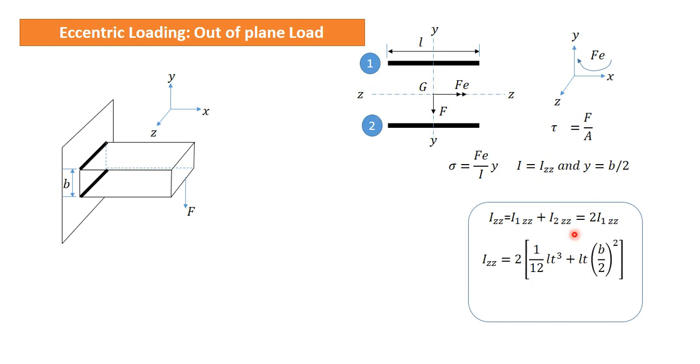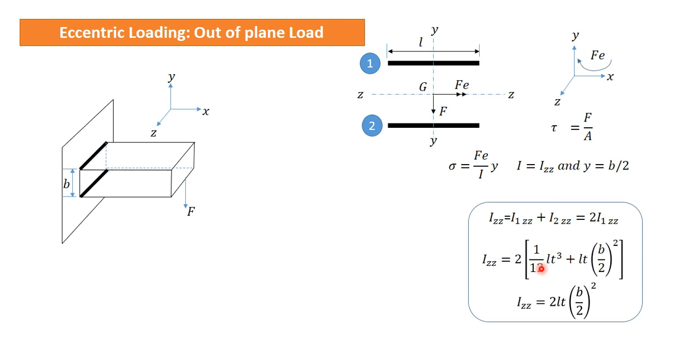So we can find this IZZ, the sum of these two as shown here, and this value as we have done in our previous case, this 1 by 12 LT cube plus this area, and we are shifting it from this to this using parallel axis theorem.